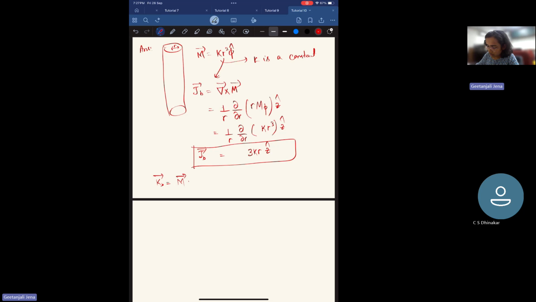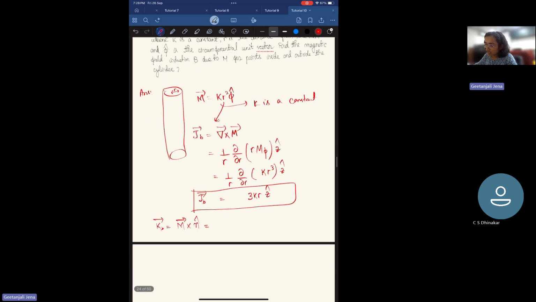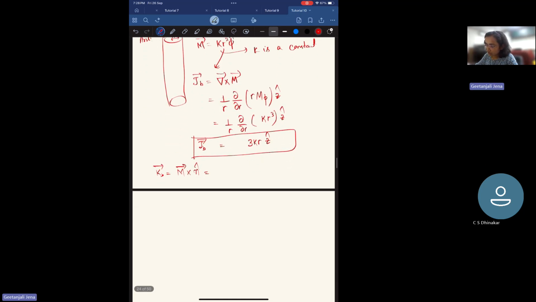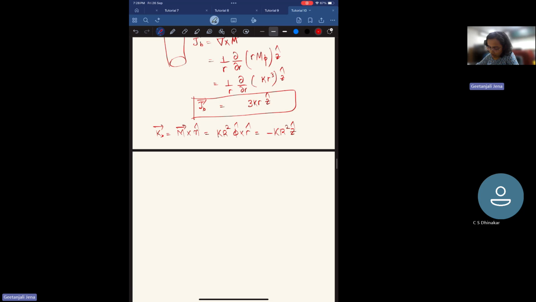This is M cross n-hat at the surface. The radius of the cylinder is capital R, so this will be k R² φ-hat cross r-hat, which will give minus k R² ẑ.